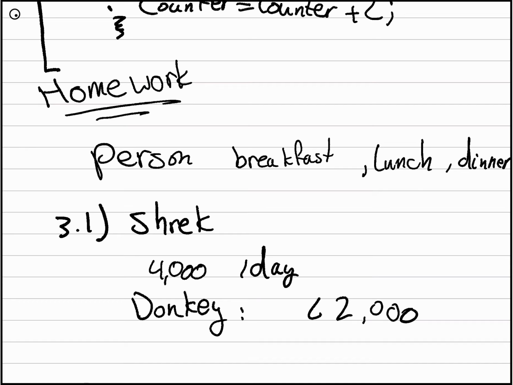So we want to add a method to the person class and warn Shrek if he's had too much to eat or too little food. Does that make sense? Okay. Great. Shrek thanks you.